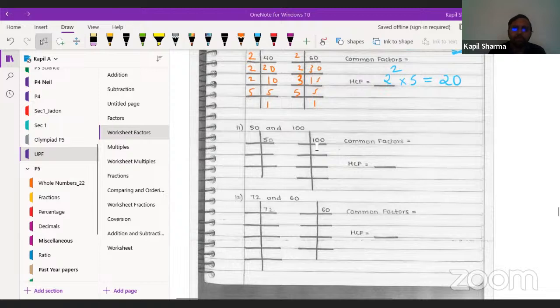Okay, fine. Next one, 50 and 100. So 2 times 25, 5 times 5, 5 times 1. Yes, Swastik?